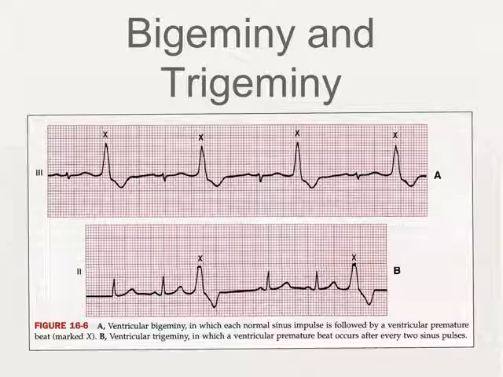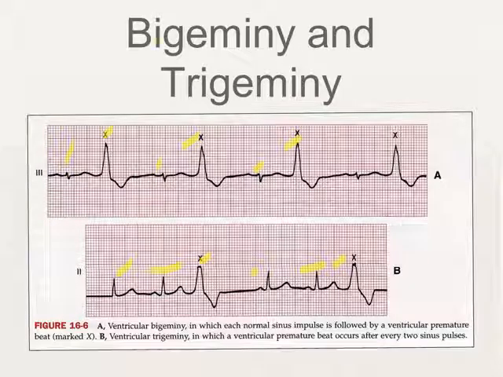Then for bigeminy and trigeminy, bigeminy occurs every second beat, hence 1, 2, there's a PVC, first, second, PVC, first, second, PVC. And trigeminy occurs every third beat, 1, 2, this is a PVC, 1, 2, PVC.